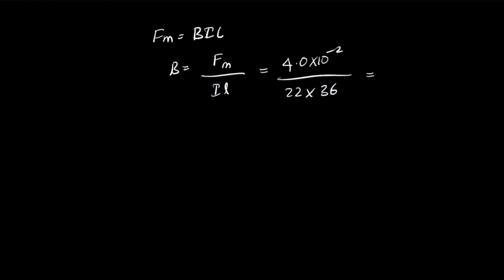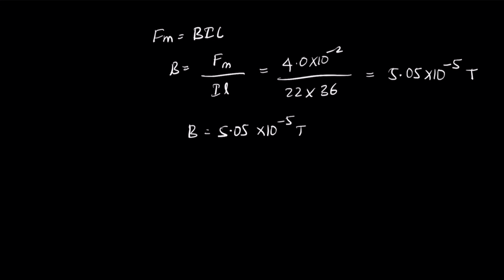So calculate the value: 4 divided by 22 divided by 36 times 0.01. So the value becomes 5.05 times 10 to the power negative 5 tesla. So this is the magnitude of the magnetic field.